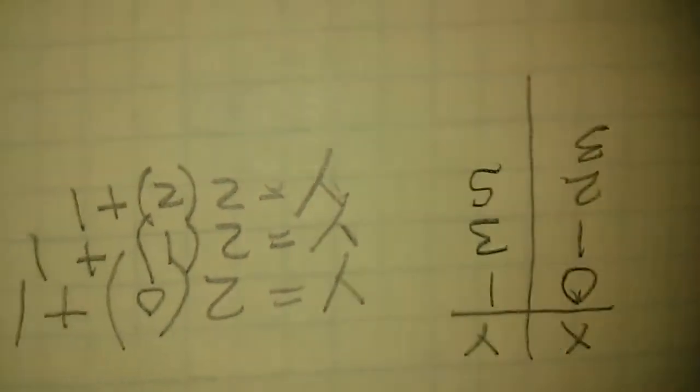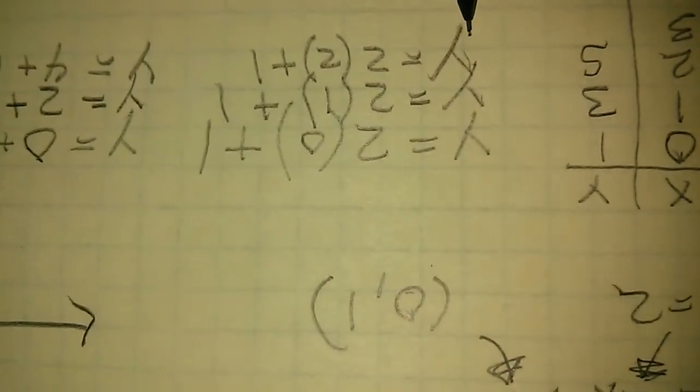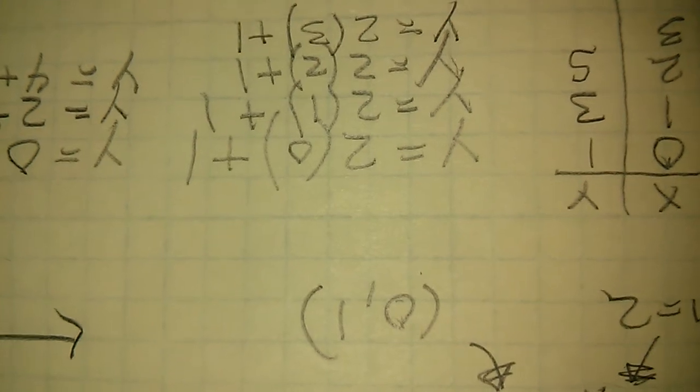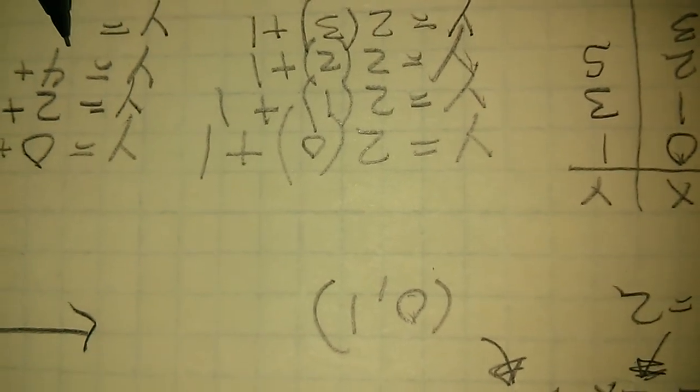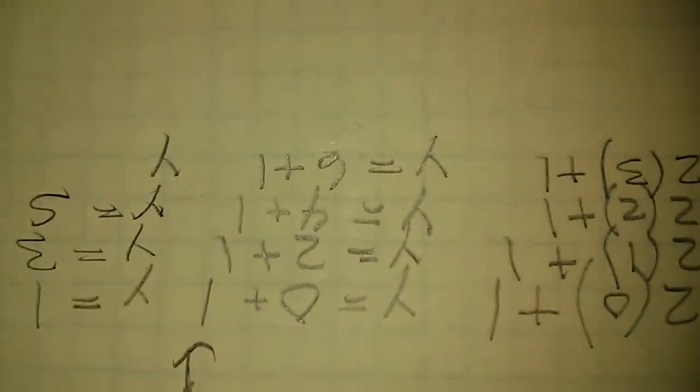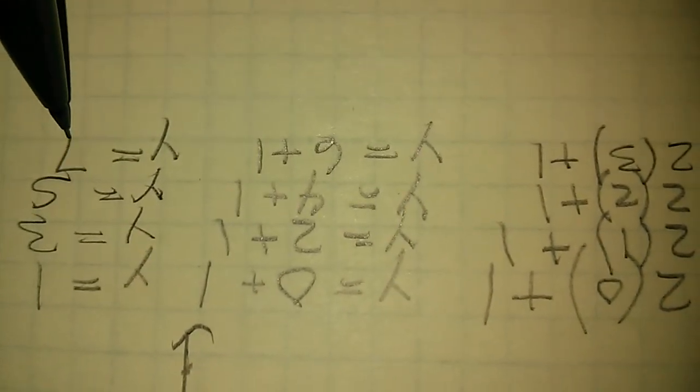And let's finally plug in a 3. y equals 2 times 3 plus 1. y equals 6 plus 1. So y equals 7.